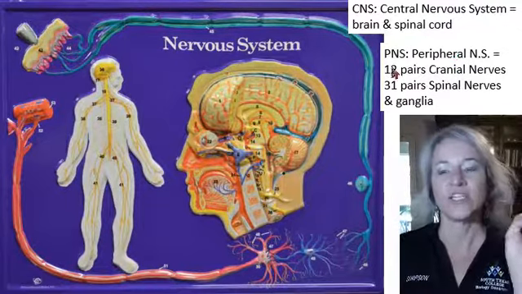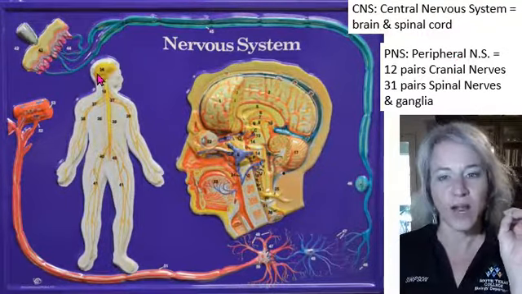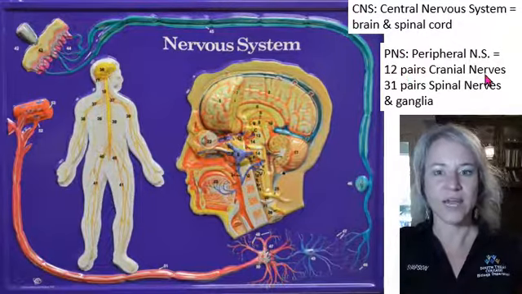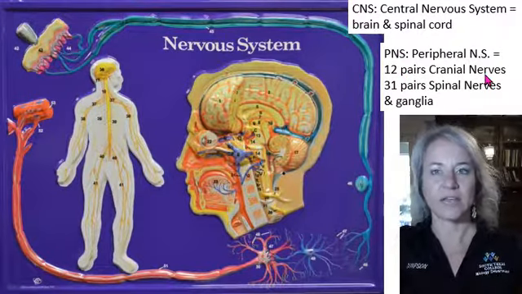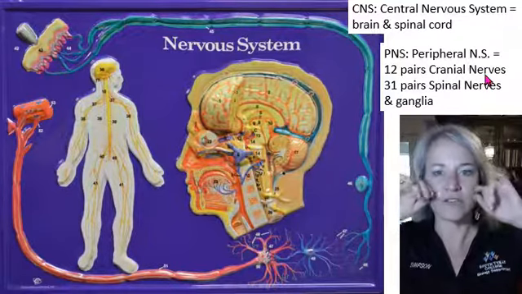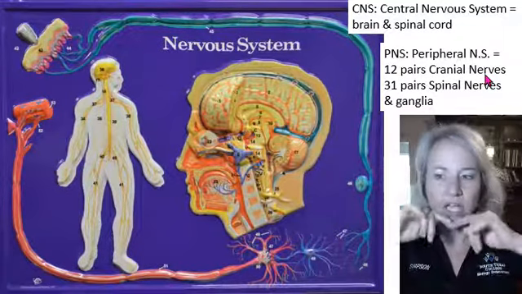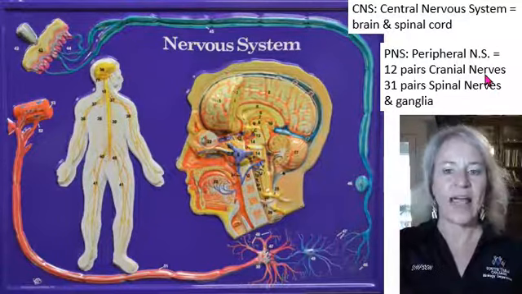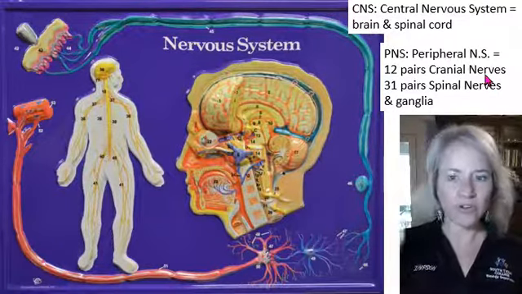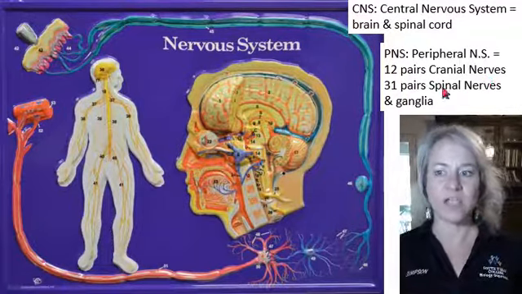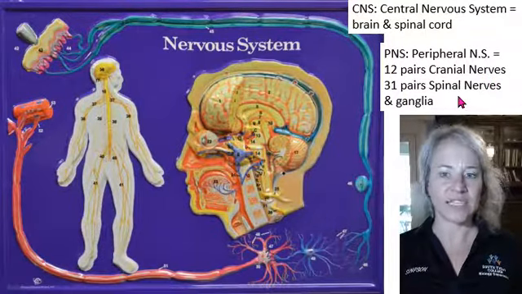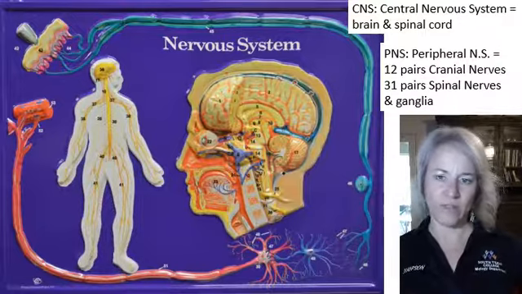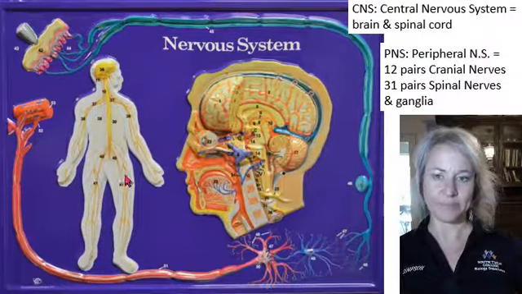Everything else. So coming off of the brain, there are 12 pairs of cranial nerves that exit the cranium. They exit the brain, they go to the eyes, they go to the ears, they go to your tongue. There are these 12 pairs of cranial nerves. And then coming off of the spinal cord, there are 31 pairs of spinal nerves that exit from the spinal cord, and they travel all throughout the body.